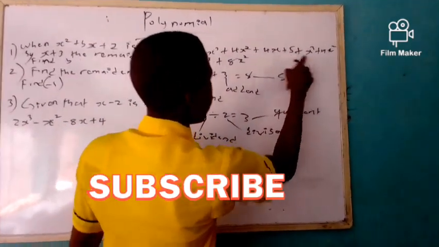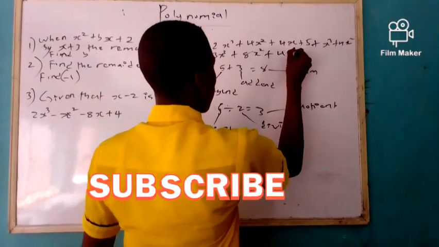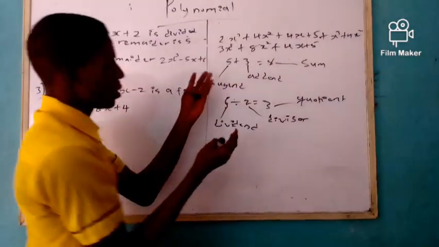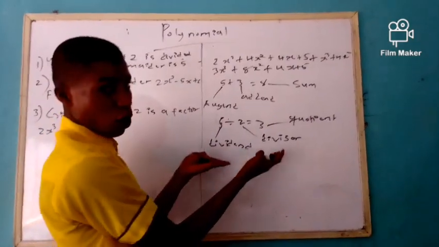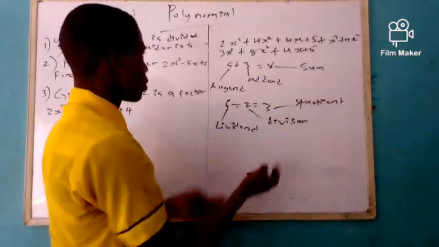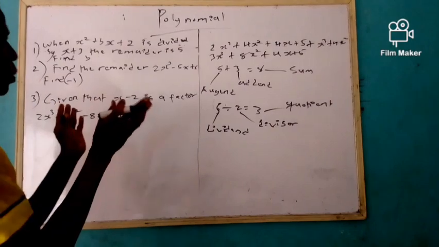Then 4x plus 5. And can you see? It's just a normal expression.